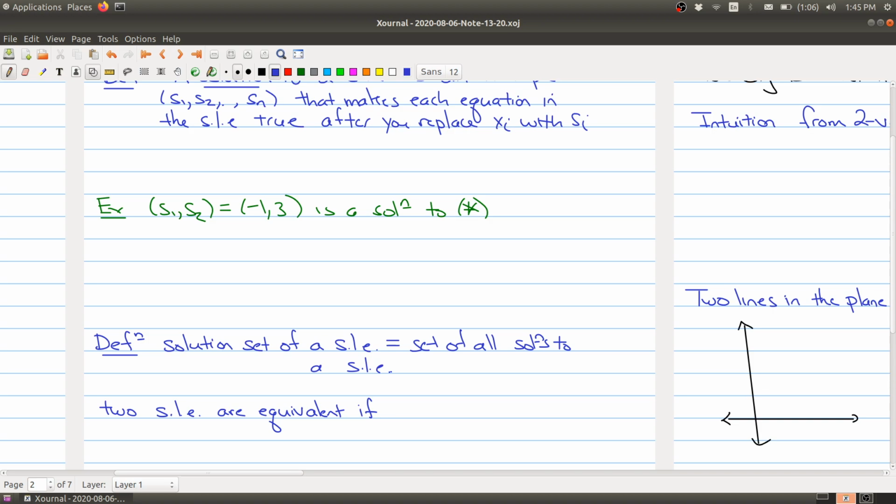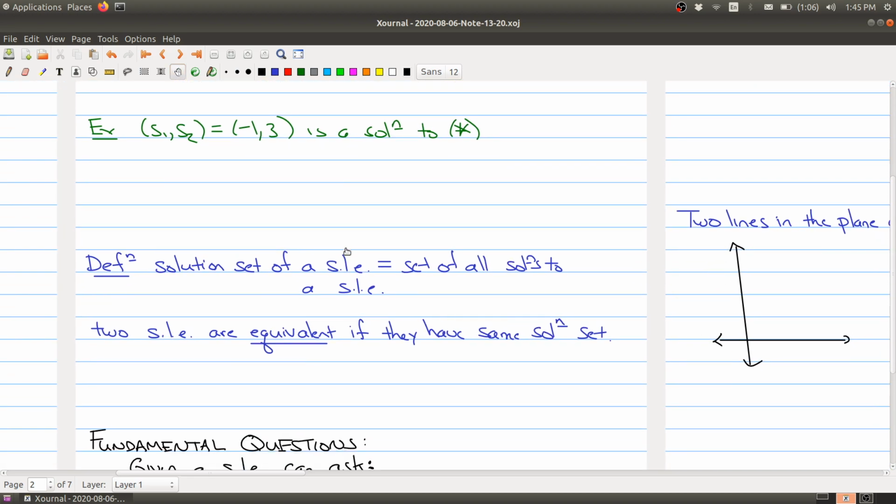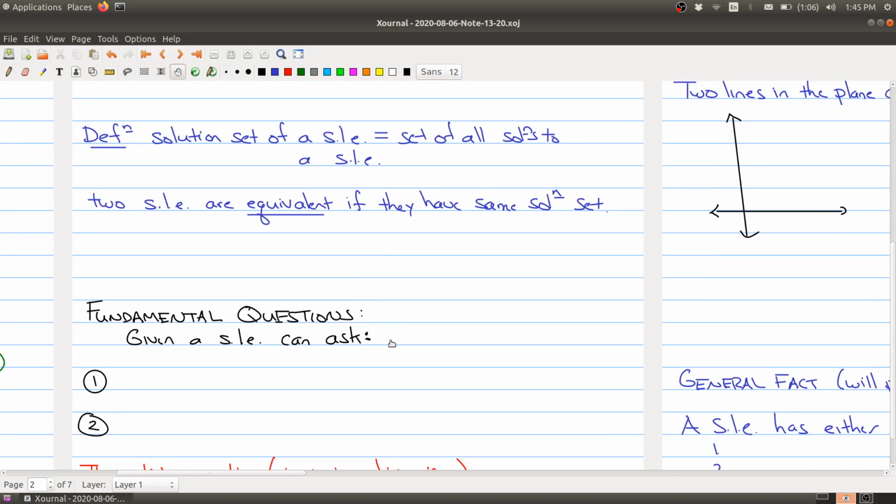And we say that two systems of linear equations are equivalent if they have the same solution set.